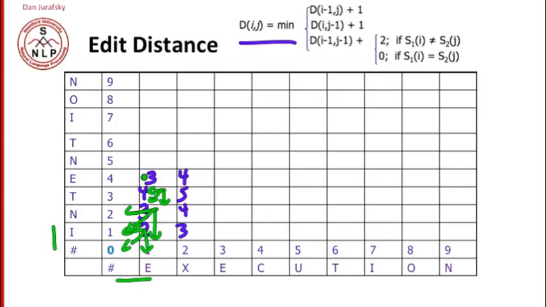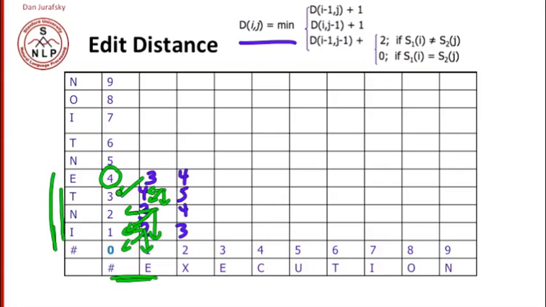Here we have a difference. So the distance between INTE and E, we could compute that by taking what it cost us to convert INTE to nothing, and then add another insertion for E, but that would be silly because 4 plus 1 is 5, and there's a cheaper way to get from INTE to E, and that is that it cost us nothing to match this E to that E. So our previous alignment between INT and nothing, we can add 0 to 3 to get a 3.